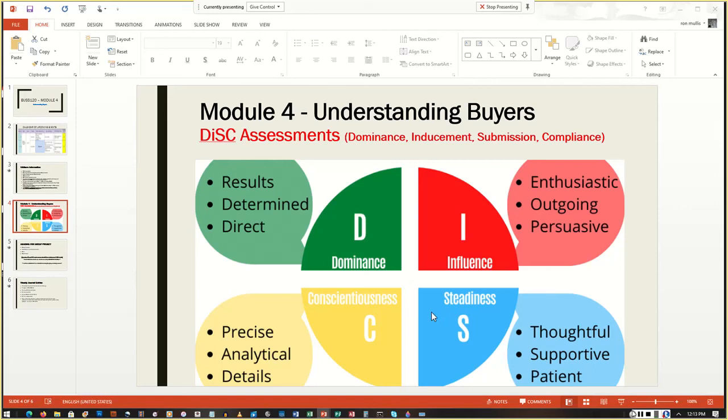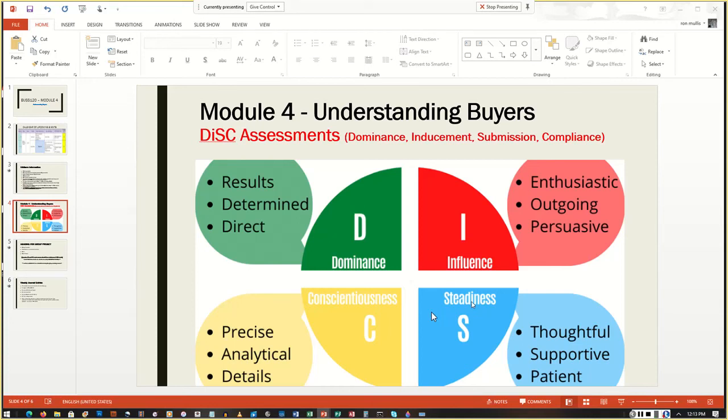So you have your dominance, which is in the top left-hand quadrant. You have your influence, which is in the top right-hand quadrant. You have your conscientiousness, which is in the bottom left-hand quadrant, and your steadiness, which is in the bottom right quadrant.